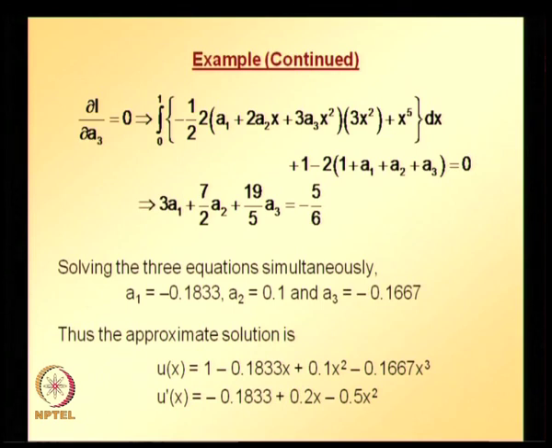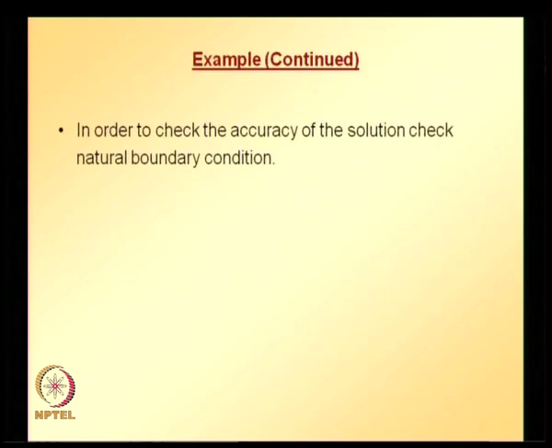And as I mentioned a few minutes back, one way of checking the accuracy of the solution is to check whether the natural boundary condition is satisfied or not. We got the derivative of u expression given here. We substitute x equal to 1 and see what value we get, how close it is to 1. Whatever the difference, that indicates the error in the approximation. In order to check the accuracy of the solution, check the natural boundary condition.